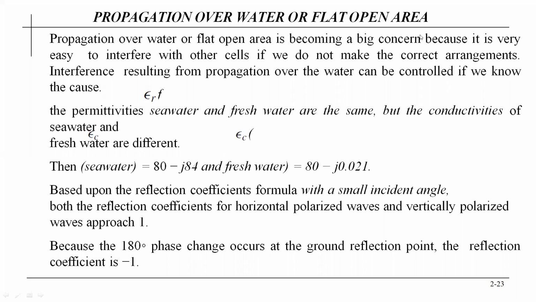But coming to conductivities, the conductivities of both these waters are different, whereas the permittivities are the same. Why we need this information: the signals are propagated over water or through water. For this purpose, we have to calculate the parameters in different waters.